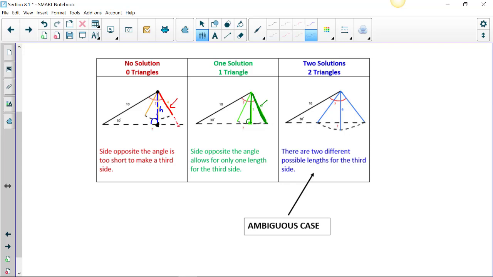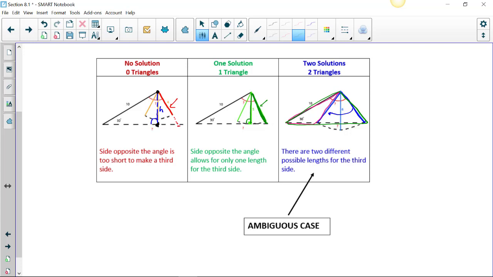Or the side opposite could be long enough to come down here and make a triangle, or short enough that if we swing it around, it could come down here and connect. So we could have two triangles. We could have an obtuse triangle out here, or we could have an acute triangle this way. That's what we need to try to figure out.